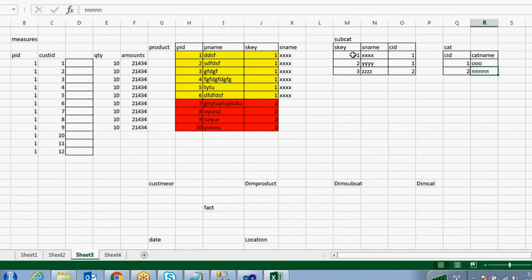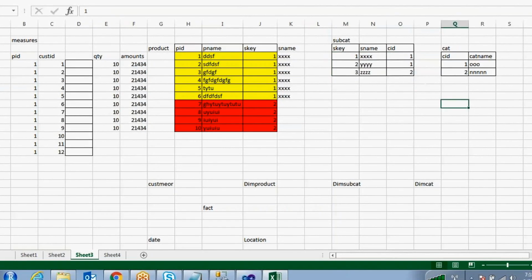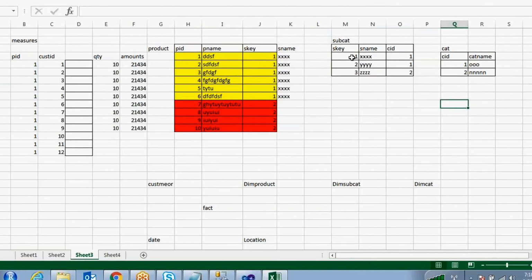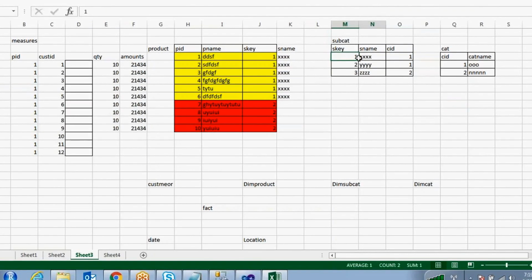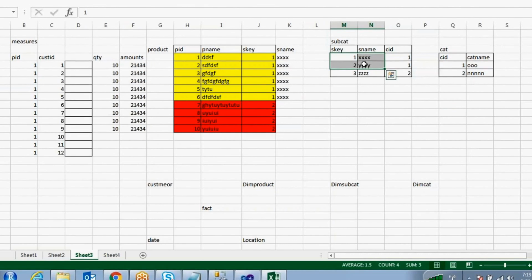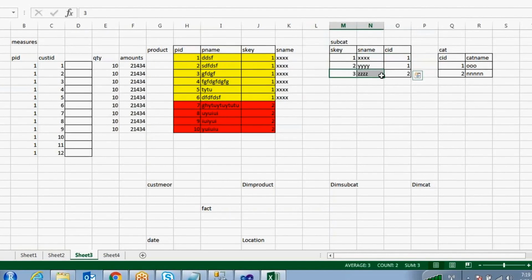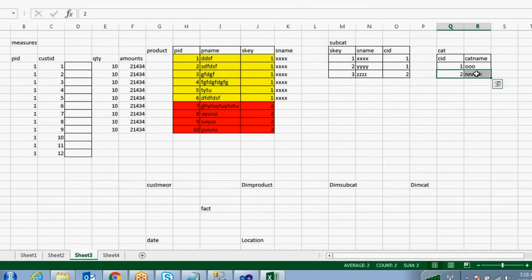And in my e-commerce website, I have three subcategories. These two subcategories belong to which category? That is one, OO. And this subcategory belongs to the second category, NN.